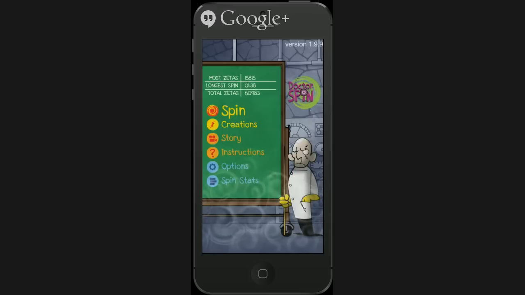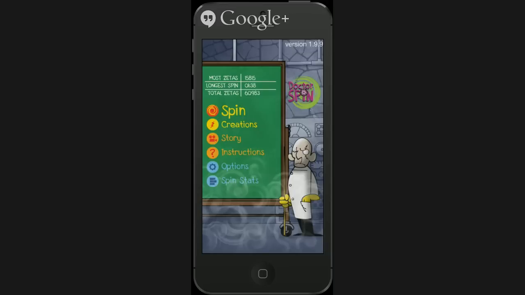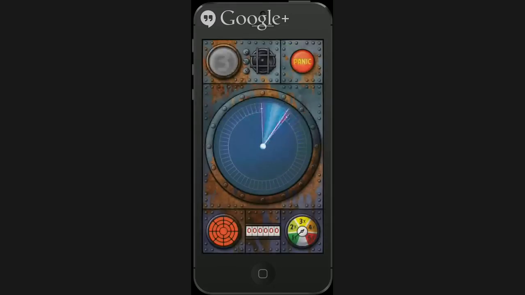Okay, let's back up a minute then and give the audience the story of the game, and how you progress through the levels and what you're supposed to be accomplishing. Okay, so in the game Dr. Spin, you are Dr. Spin's unnamed assistant, and you're collecting zeta rays. You do this by spinning the entire iPhone, or what we call the zeta scope.